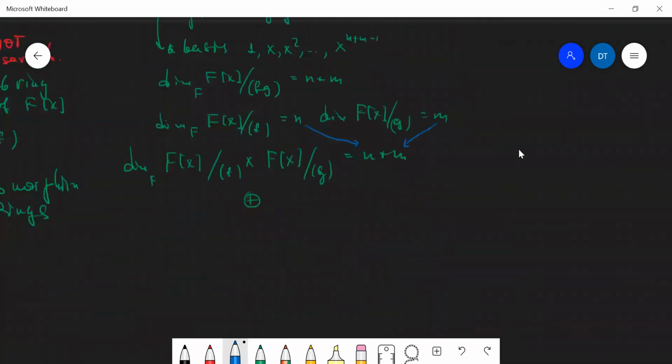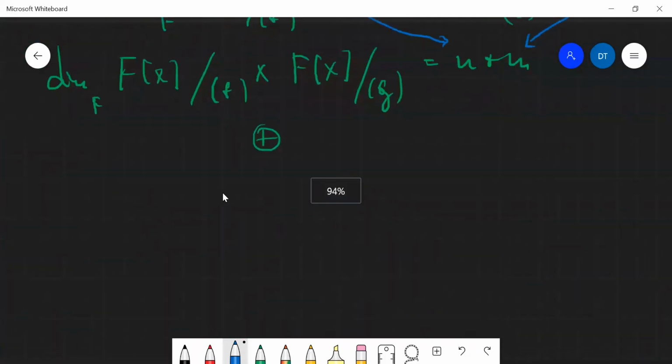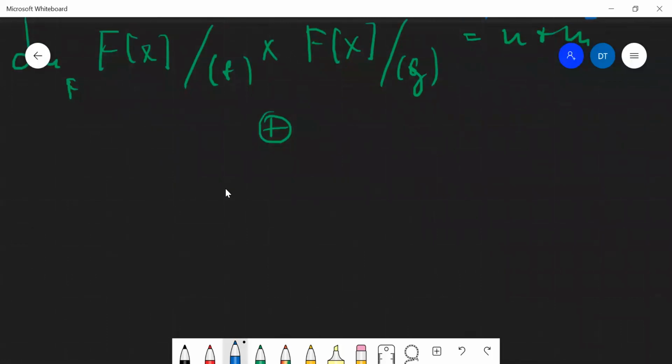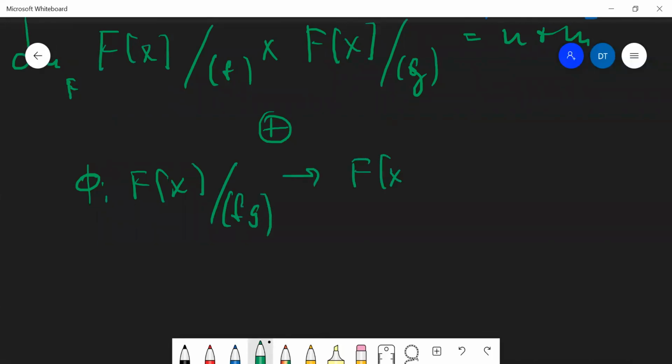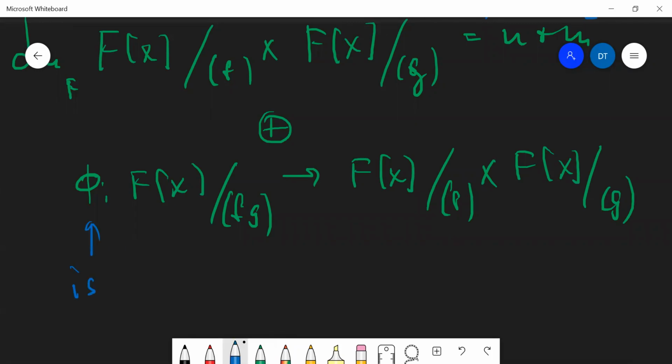So let me write it here. Phi is a map from this quotient to this quotient. So phi is linear and injective.